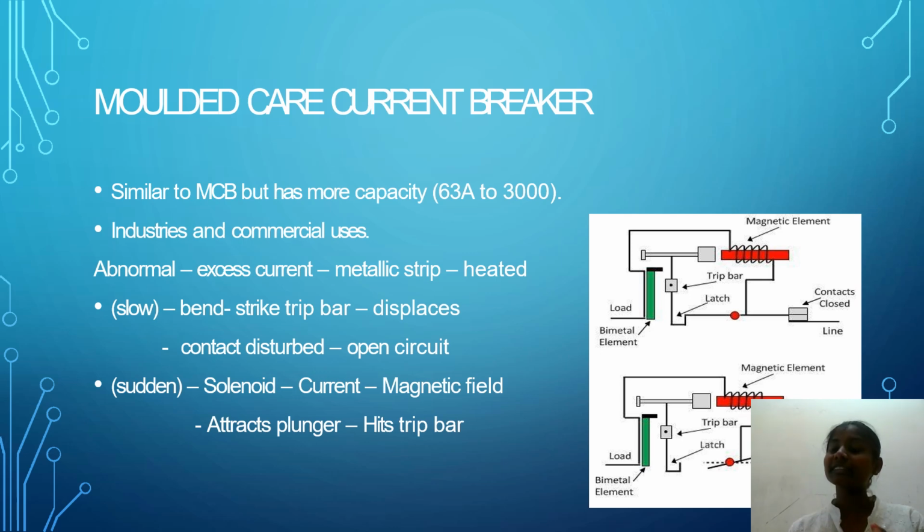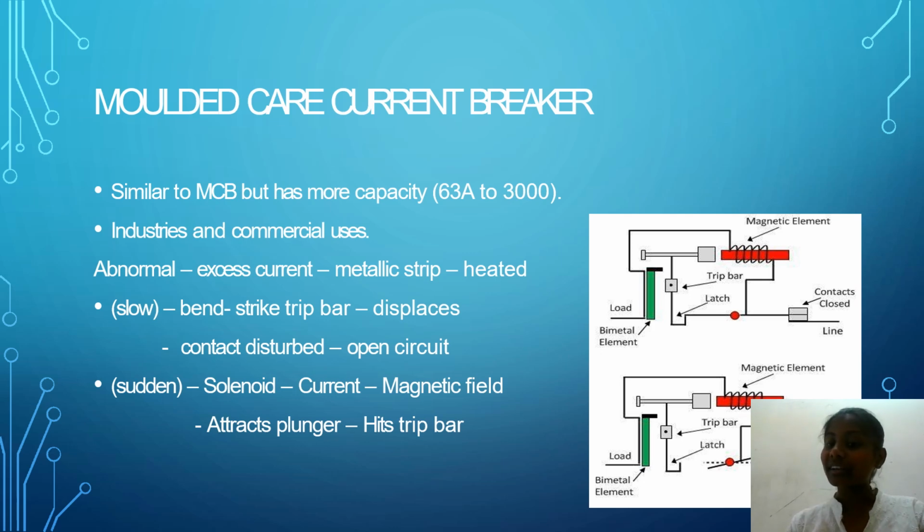Suppose there is a sudden increase in current. This is the magnetic element, which has a metal winding. Because of the winding, some EMF is generated, and because of this a magnetic field is generated. This is the plunger, which is also connected to the trip bar.